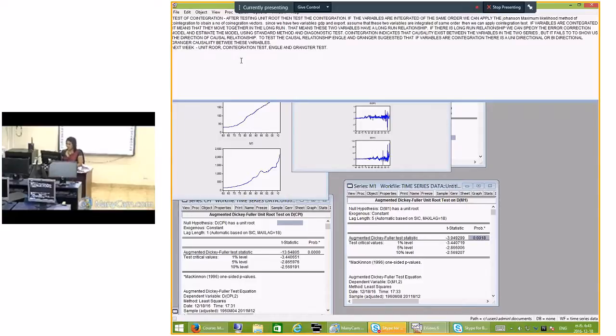Okay, then thank you. Right, we practice using these three data series. If you have your own data set also, you can practice.